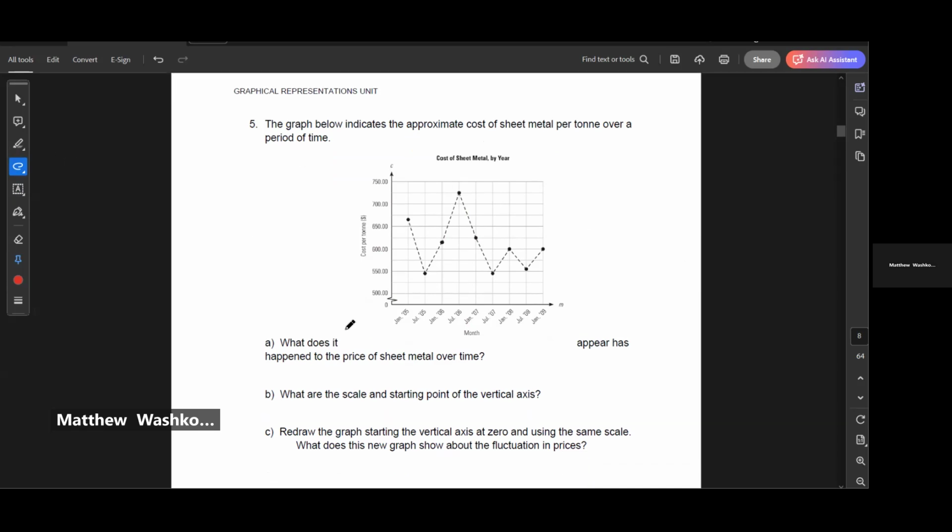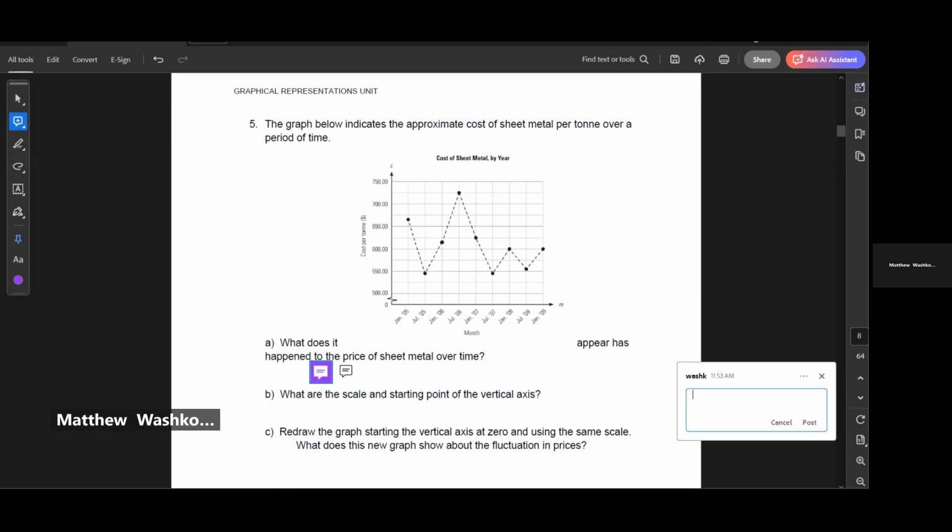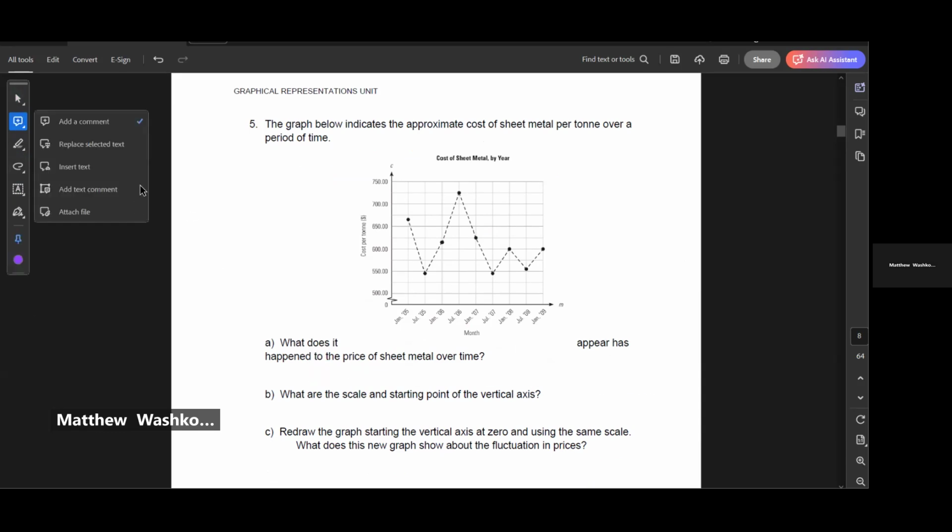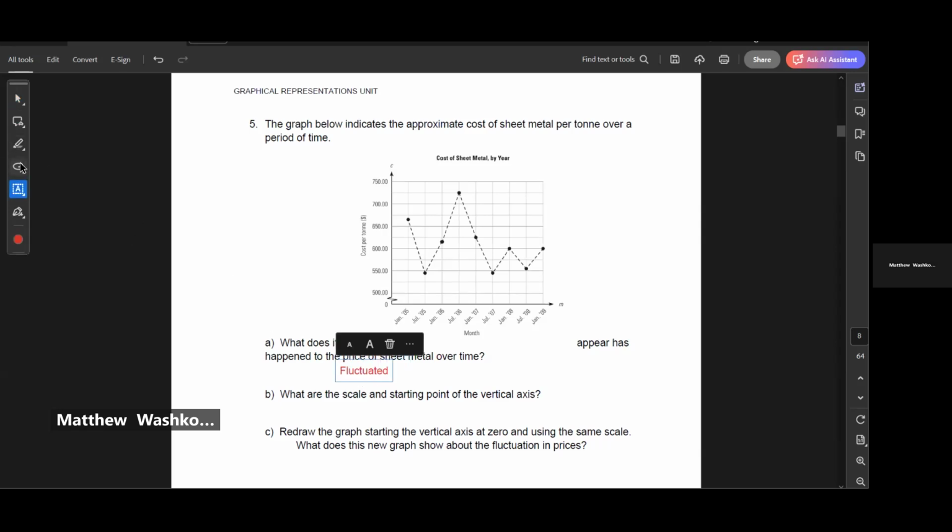So what happened to the price of sheet metal over time? So if we're looking at this graph, what happened to it? It goes up and down, up and down, up and down, up and down, up and down. We have a word for that. There we go. It fluctuated.